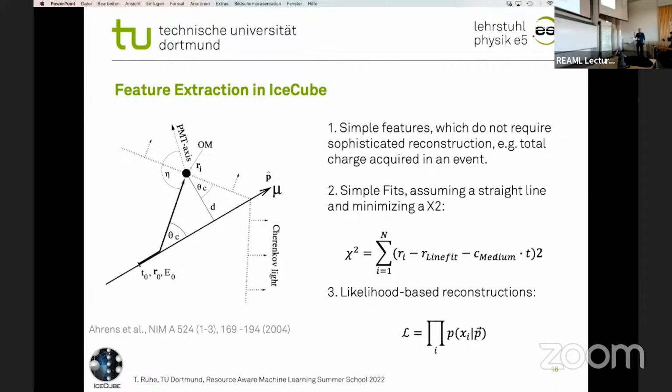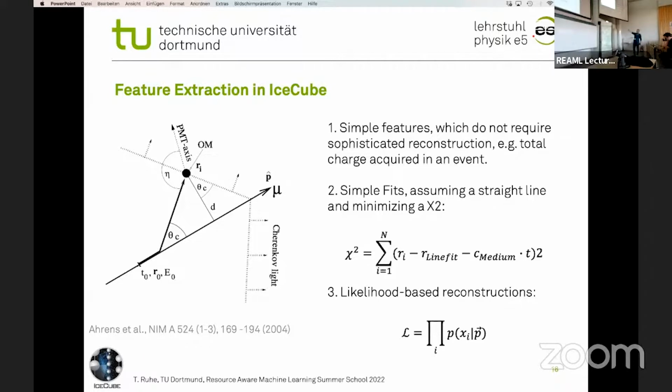The first one are really, really simple features, and they do not require anyone to be sophisticated or smart or anything else, right? For example, you can just sum up the total charge that all of the photomultipliers did see in the event. Relatively straightforward. Then you can start counting all of the DOMs that did participate, all of the strings that did participate. You can just basically count anything, okay?